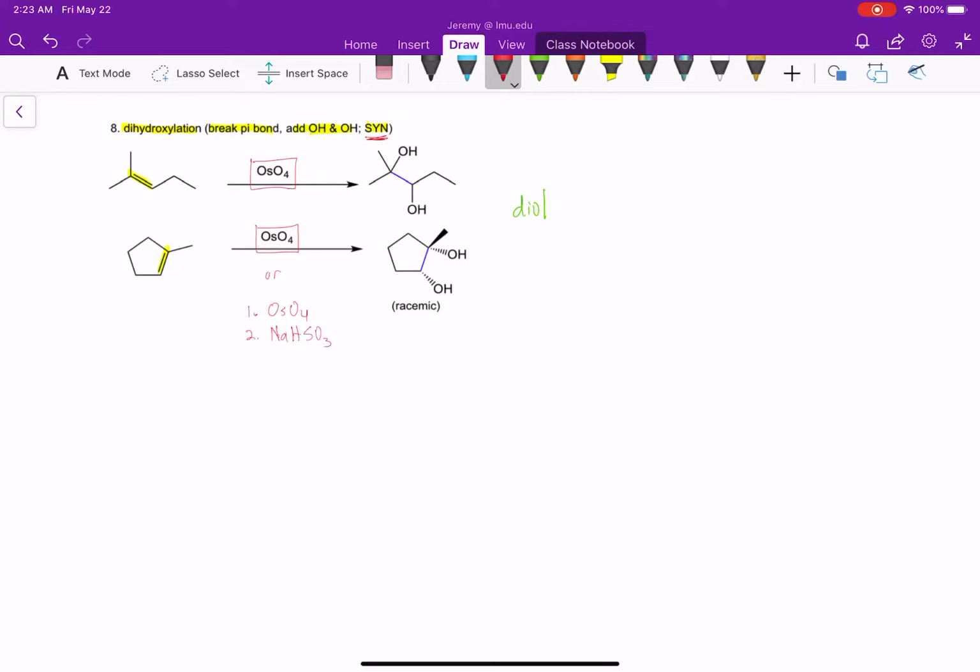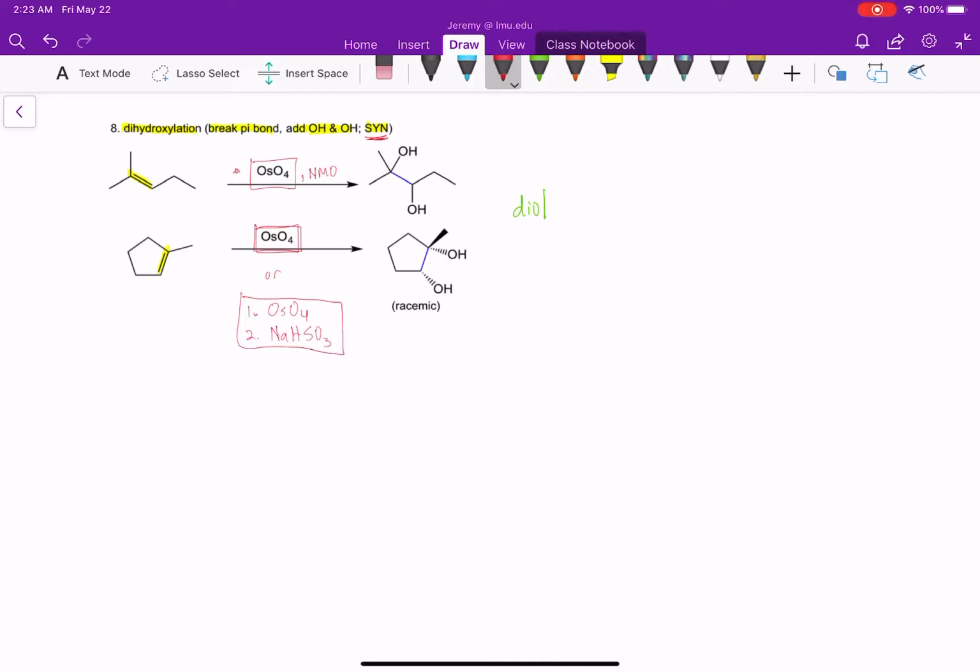So in some of my problem sets, you might see this as a two-step process, but a lot of textbooks now just allow you to write this as one step. Occasionally, you might see another reagent to help with it, NMO, but it's fine if we just write OsO4 if you're asked to fill in the reagents.